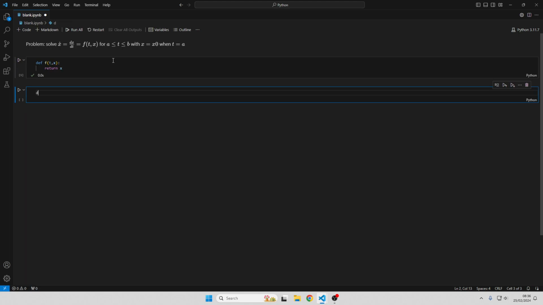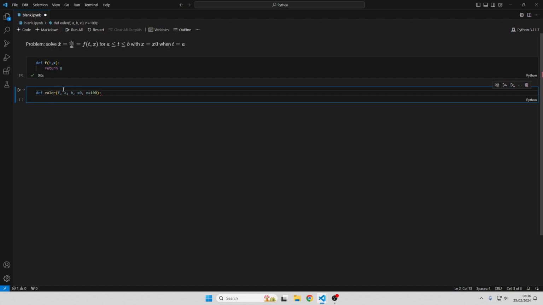And now we're going to define Euler's method. So this is going to be a procedure that solves this equation for us. Okay, so as input, we need to know what the function is.